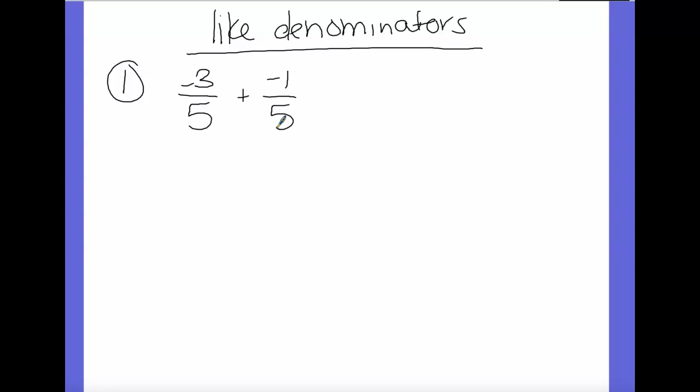If I have 3 negatives and 1 negative, I have 4 negatives. My denominator stays the same. Is it an improper fraction? No, so I go to the other side. It says to reduce if necessary. Can I reduce? No. So this would be my answer. That's how you use the flow chart.